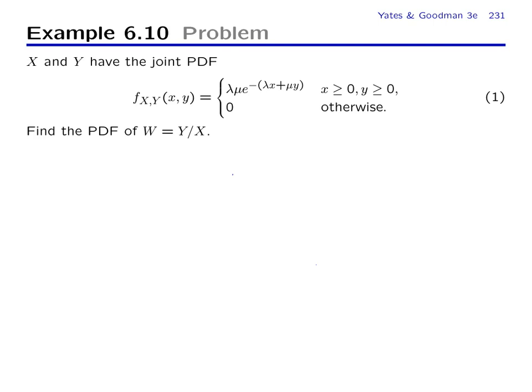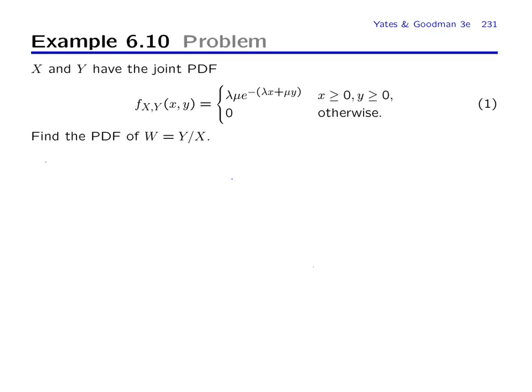In fact, another element to making this kind of a tractable problem is the structure of this joint PDF. If you look at it carefully, you'll realize that the joint PDF of X and Y can be written as lambda e to the minus lambda x, mu e to the minus mu y.